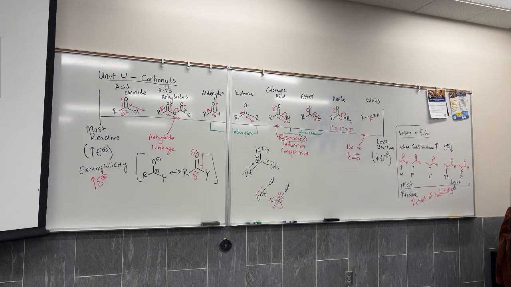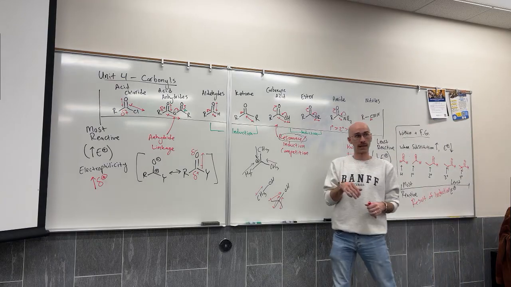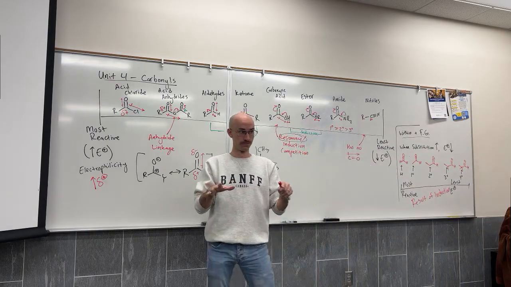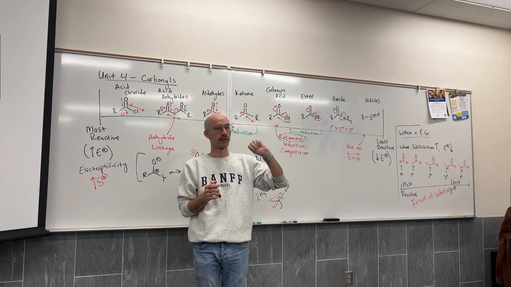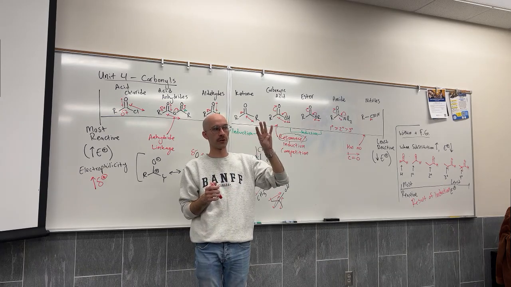So I think I made the sheet wrong. At the top of the sheet, you'll see name the compounds below. We haven't gone through naming yet. And at the bottom, it says pick 5 and rank them by increasing reactivity, increasing electrophilicity. So I'd like you guys to do that right now on your own over the next 3 or 4 minutes.